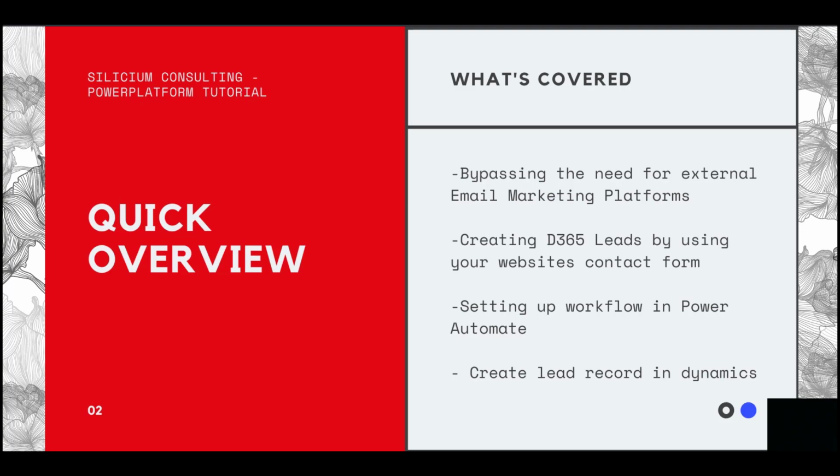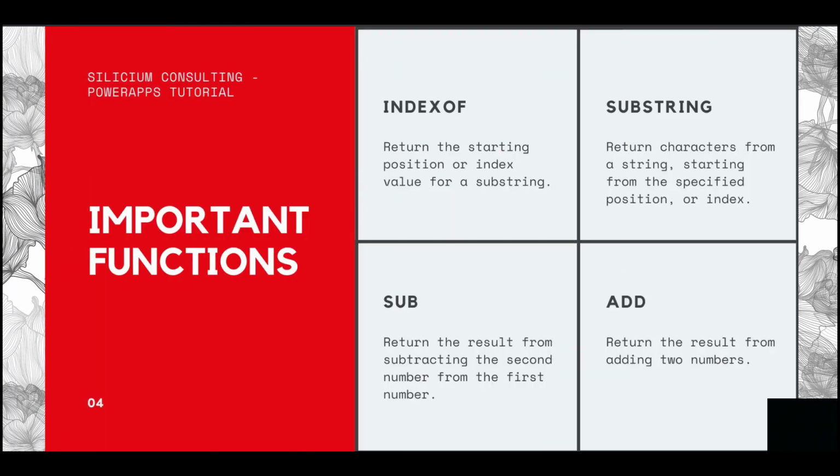And here are some important functions that we'll be using. Don't get caught up too much here. We will definitely be going together through all of this, but we will be using 4 of these functions. Index of is an important function that's going to find the start position of the string that we want to parse.